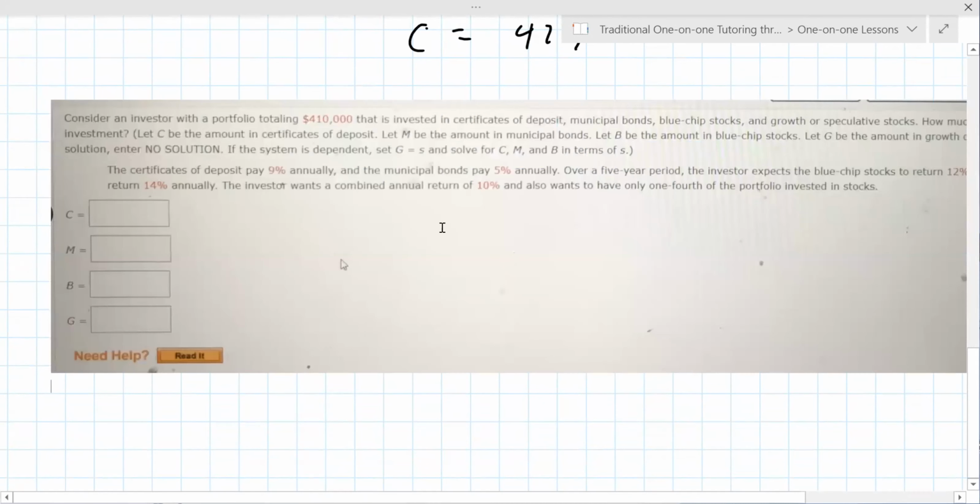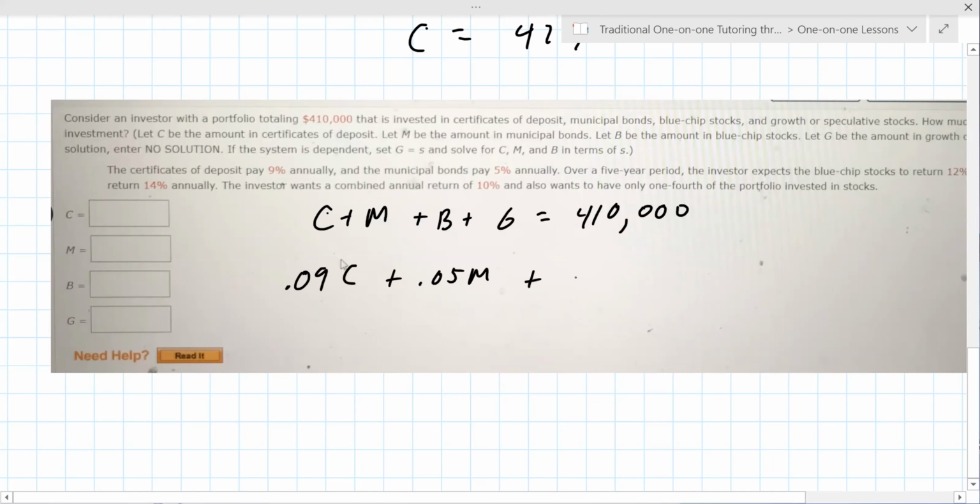Okay, so it's C plus M plus B plus G equals 410,000. That's the same. And then they give you the interest amounts for each: 0.05 M plus 0.12 B plus 0.14 G equals 10% of the 410,000.